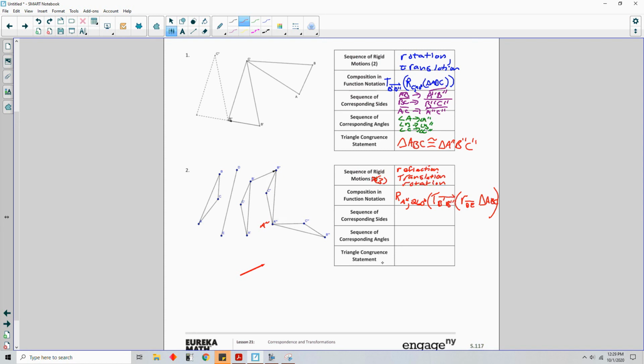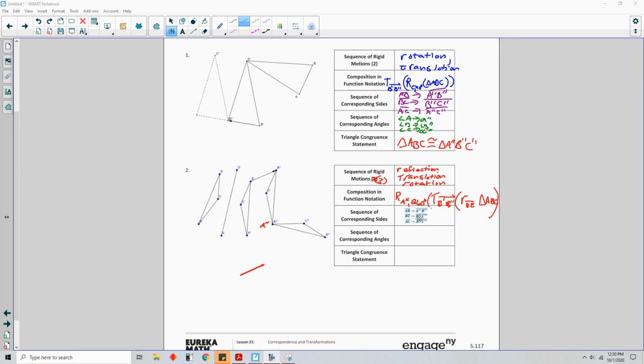Composition and function notation. Sequence of corresponding sides. Okay, so I've done this before up here. It's just going to go from the side without primes to the side with triple primes. So I'm just going to bring these in. Okay, hopefully you can see that. AB goes to A triple prime, B triple prime.